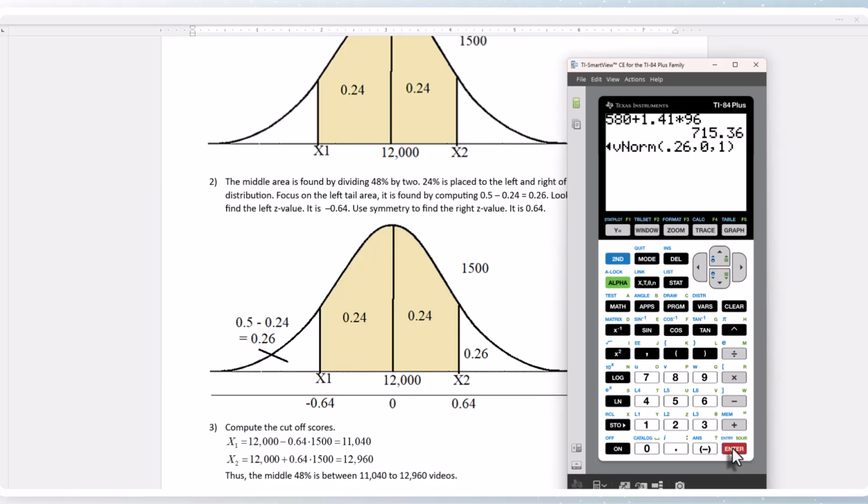Highlight paste, hit enter. Enter one more time to get negative 0.64. Yes, so this z-value has to be negative because it's to the left of 0. And then by symmetry, since these two areas are the same, the z-value on the right side is positive 0.64.